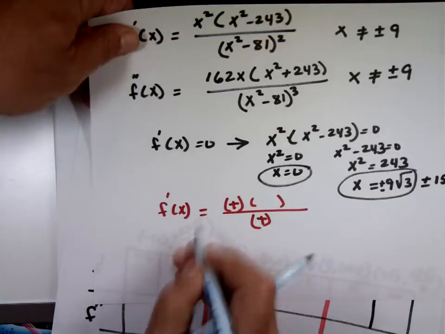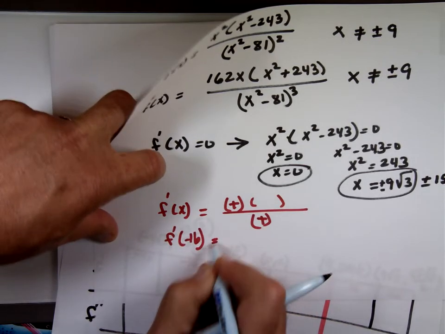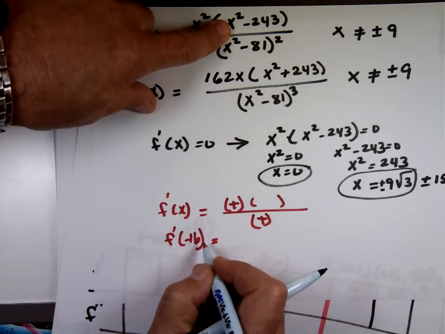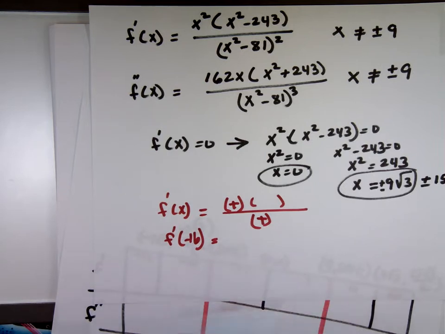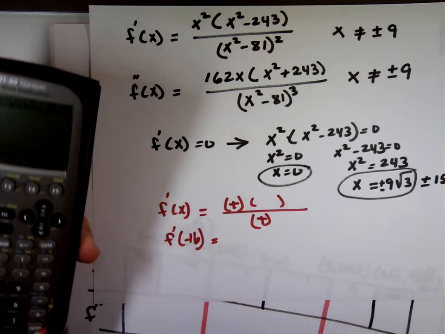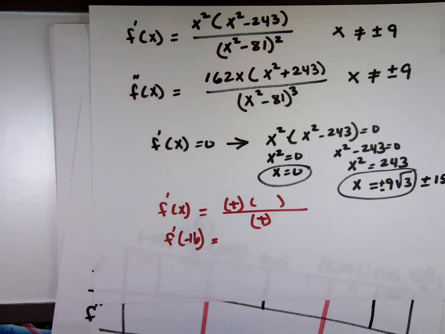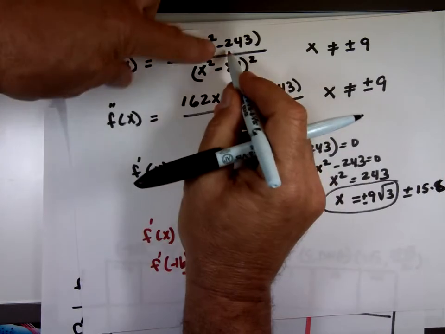So here's f prime of negative 16. If I use the 20 now, I know that's 400. So negative 16, square that number. 256. What's 256 minus 243? Positive or negative?